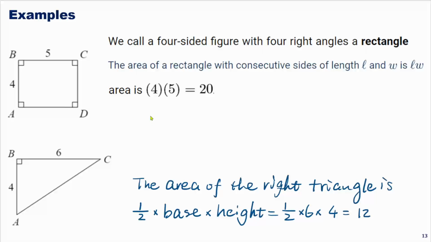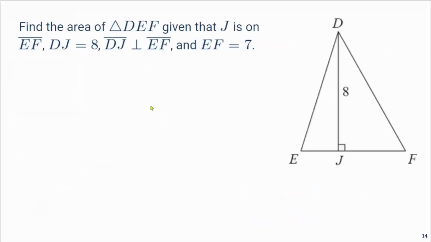Yes. Okay, then let's consider another quick quiz. Can you find the area of triangle DEF given that J is on segment EF and DJ equals 8, DJ is perpendicular to EF, and EF equals 7?